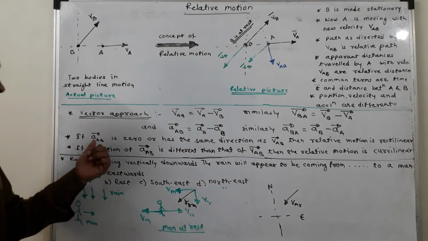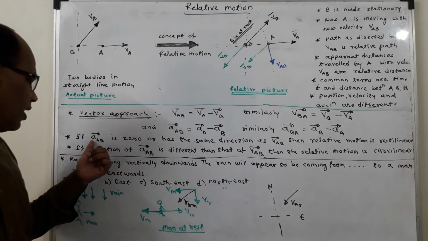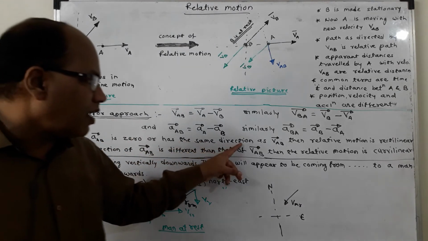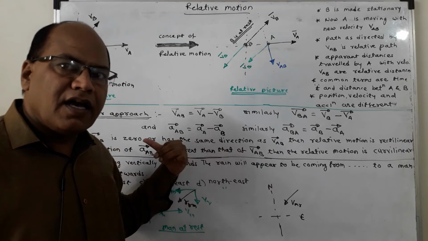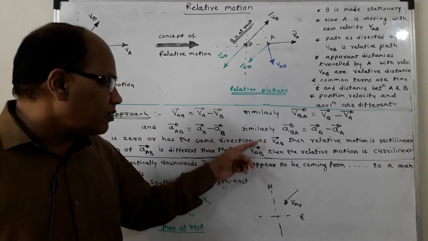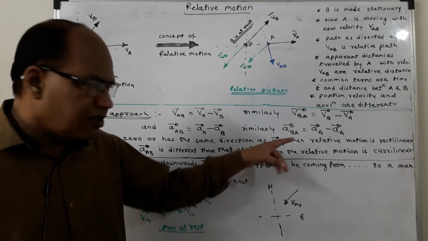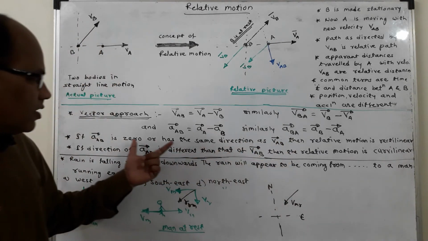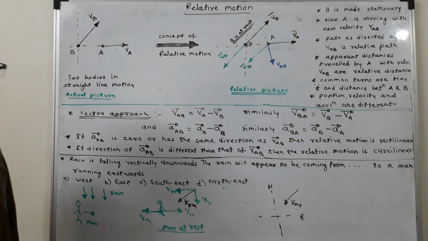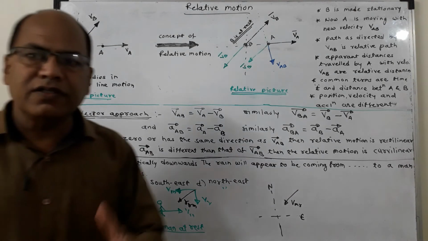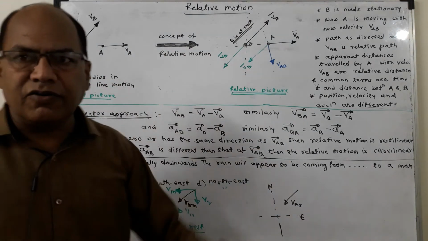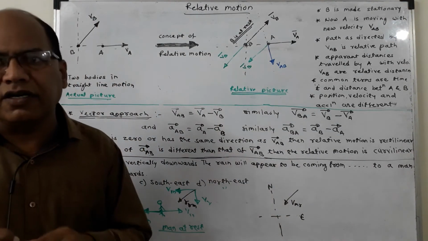But if AAB, the relative acceleration of A with respect to B, is 0 or has the same direction as VAB, the relative velocity of A with respect to B, meaning these are along the same direction, then the relative motion is rectilinear. Now there is always a question: if we are transforming the actual motion into a relative motion, what will be the nature of this relative motion?